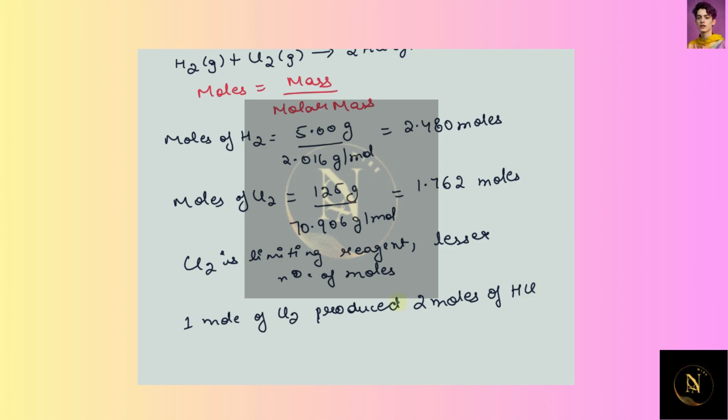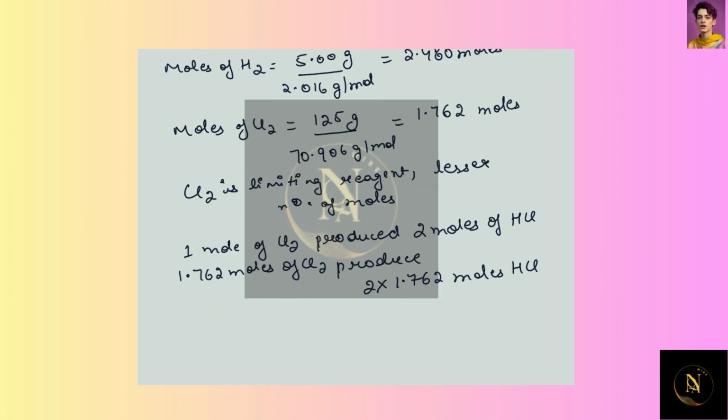So 1.762 moles of Cl2 will produce 2 multiplied by 1.762 moles of HCl. So here we get the moles of HCl, and this value is equal to 3.524 moles.